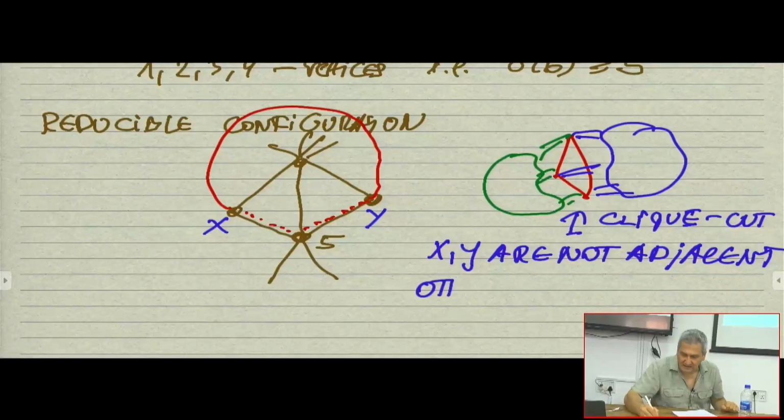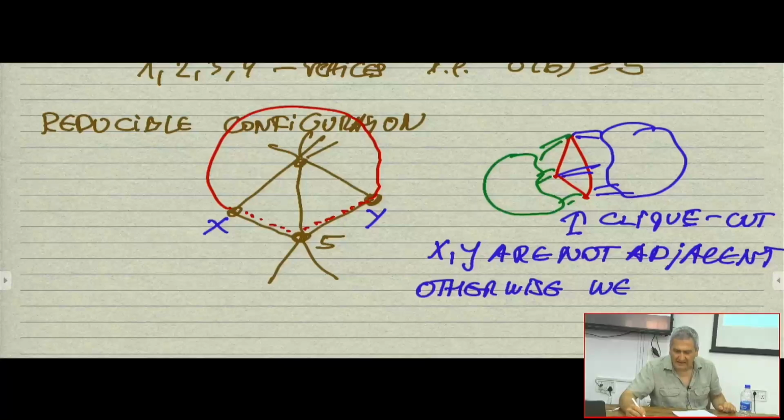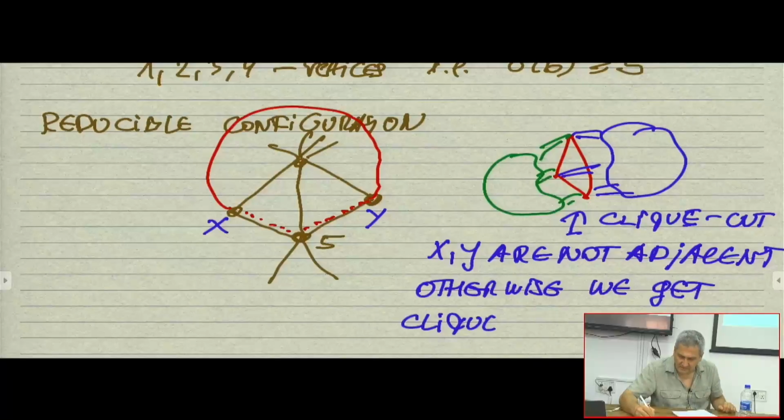Otherwise, we get a clique cut. Okay? So they are not adjacent.